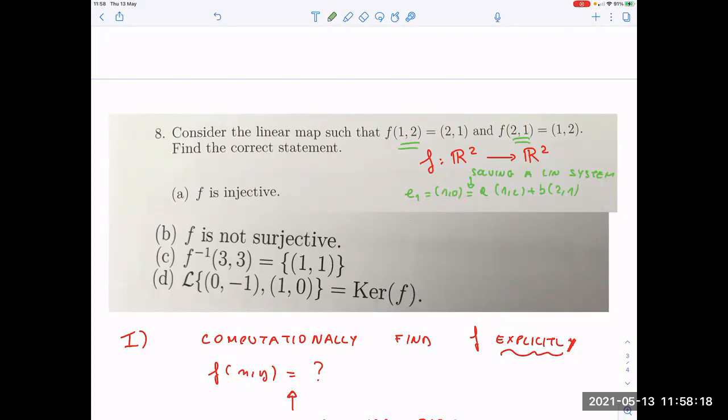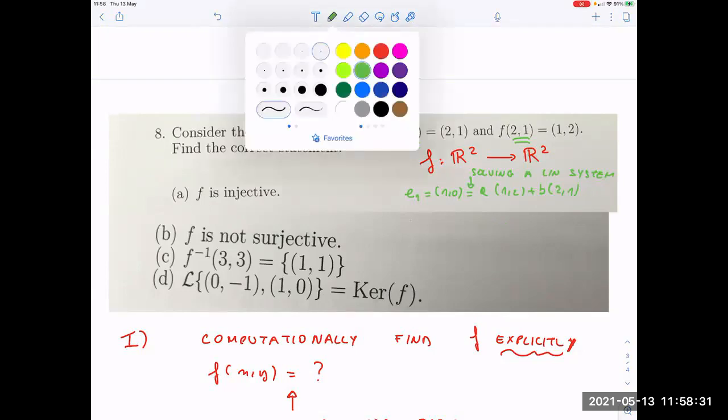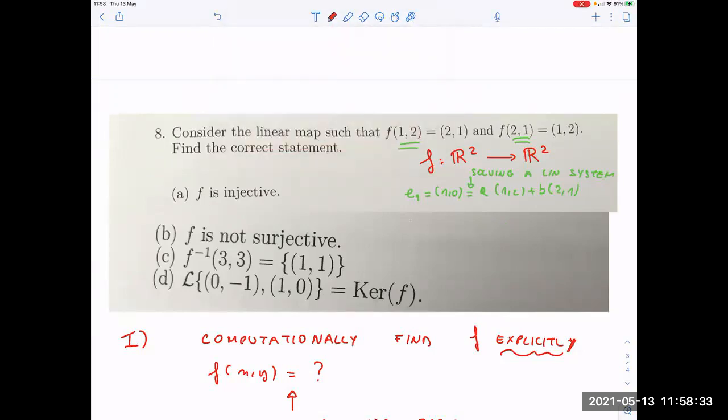So if I take 1, 2 minus twice 2, 1, well, this is unreadable, so let's say probably red is better. I try to solve the system being smart.